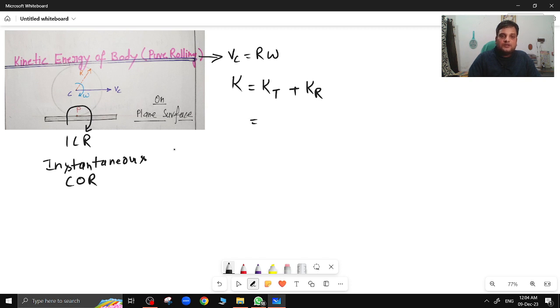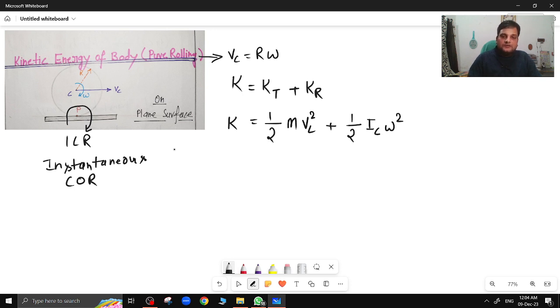In case of the translational kinetic energy, we will calculate half m Vc square, which is translated at the center of mass. So in case of translational, we will use half m Vc square. In case of the rotational, we will use half Ic omega square, right? So this is basically the formula to find out the total kinetic energy of the body.